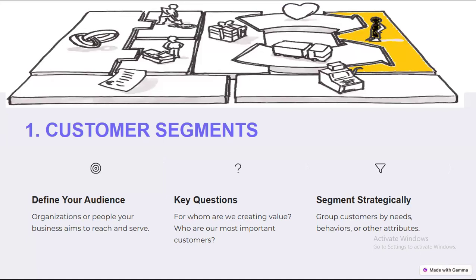Once you know who your important customers are, you segment strategically. You group the customers by their needs, behaviors, or attributes, and those groups become your customer segments. Based on this, you can tailor specialized services for each of these customer segments.